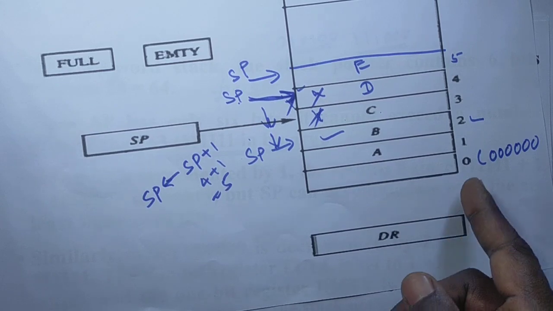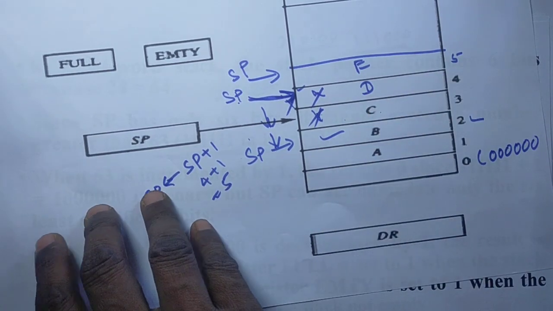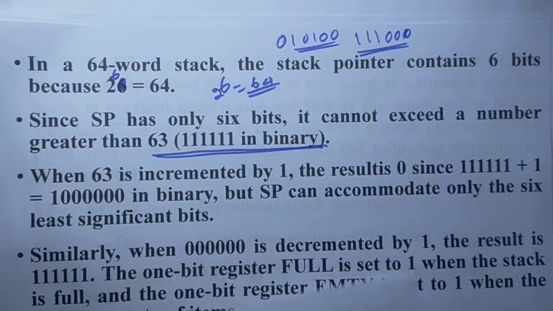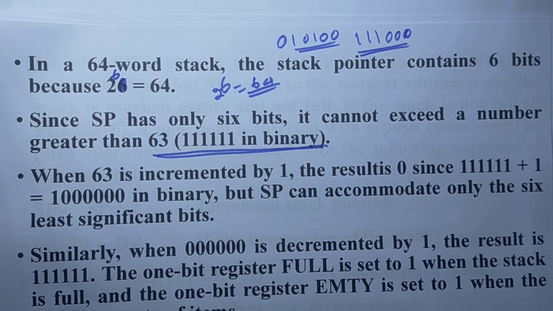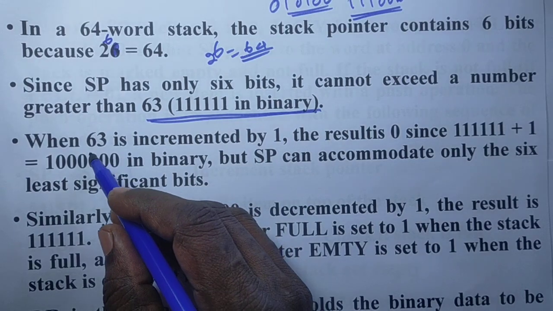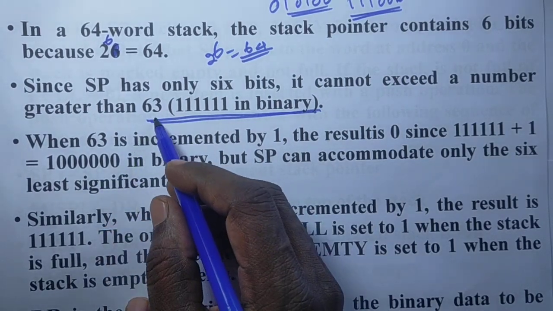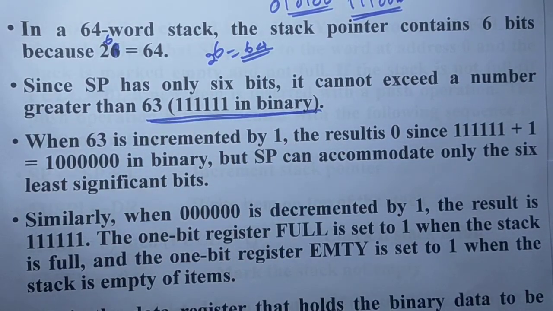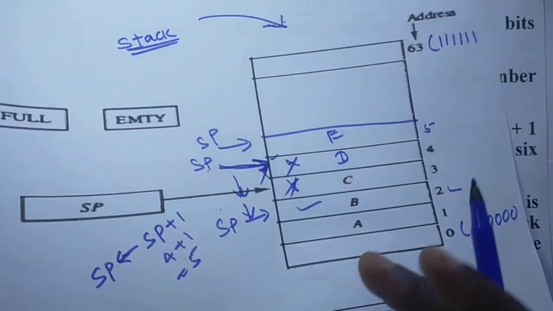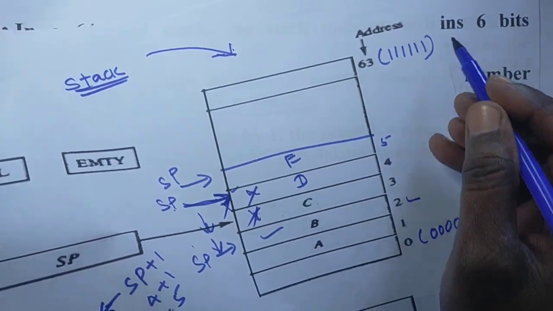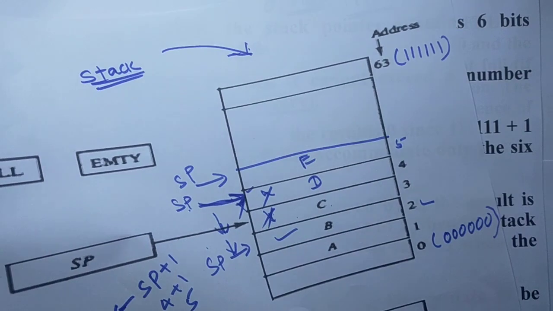That is the bottom position, and this is the top position. Like this we can define, because it contains 6 bits. So here similarly, when it is 63 and SP is at the top position, because I have already told this is 111111, top position.